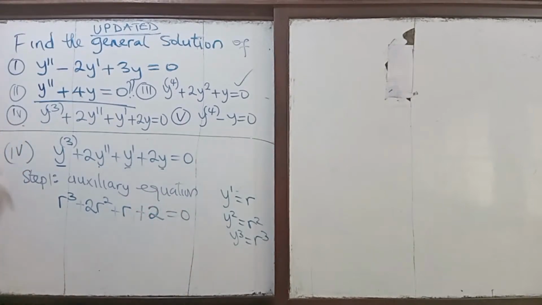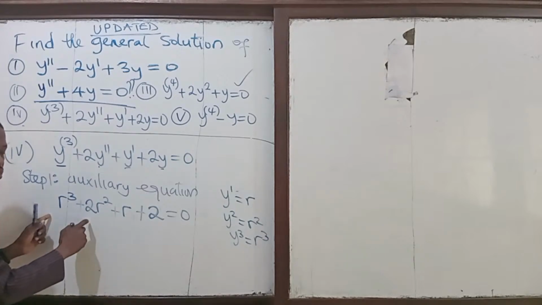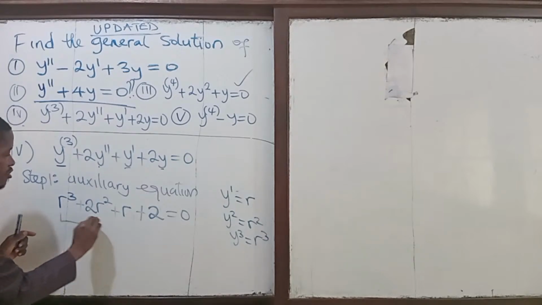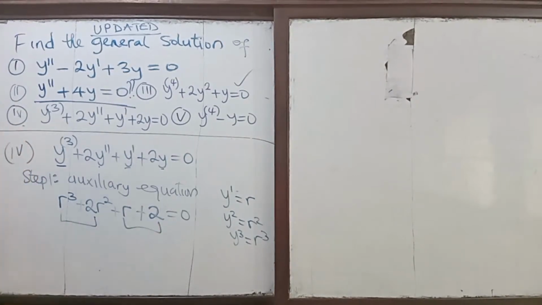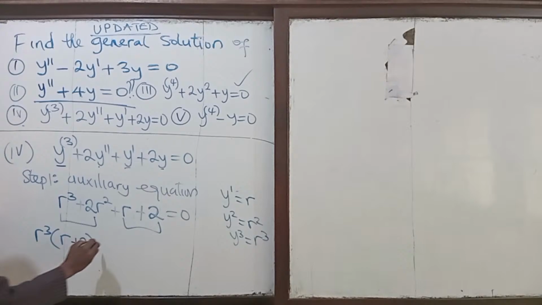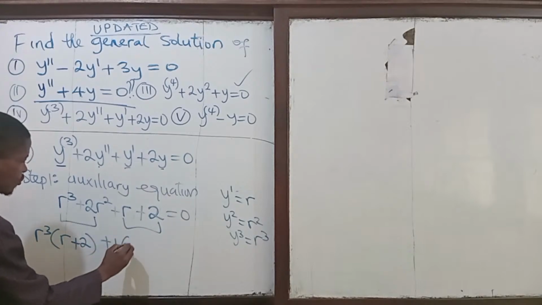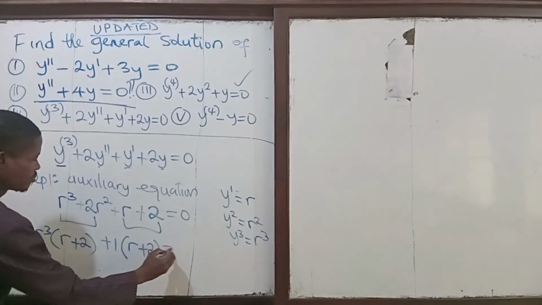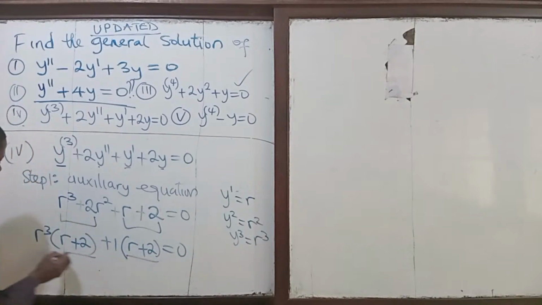So we now have four terms. You pair the first two and pair the last two. If you do that, r squared is common in the first pair. Take it out, then we have r plus 2. The second pair has the same factor, so once you factorize, these two must be the same thing.